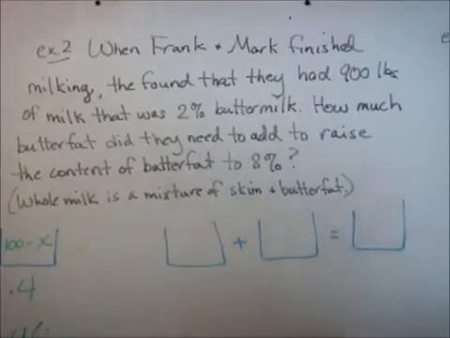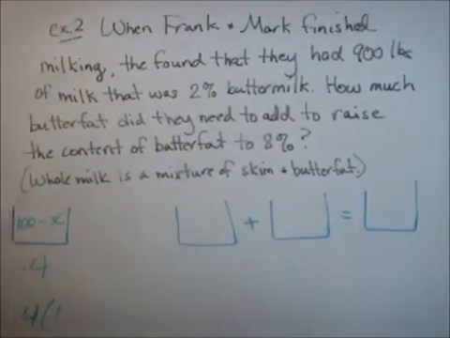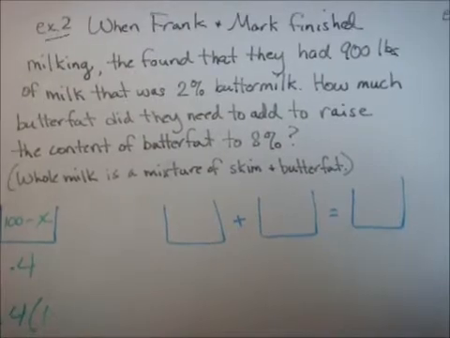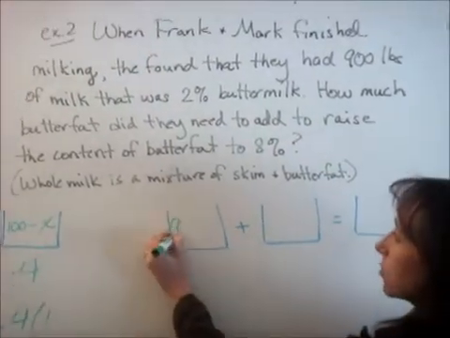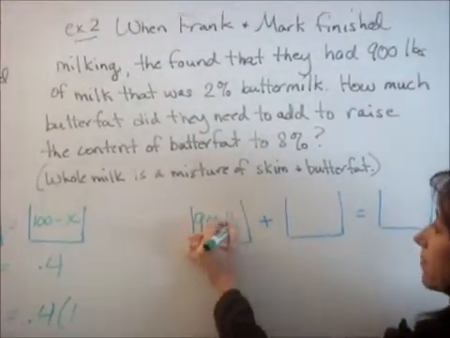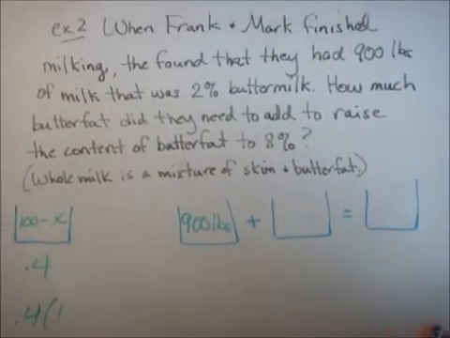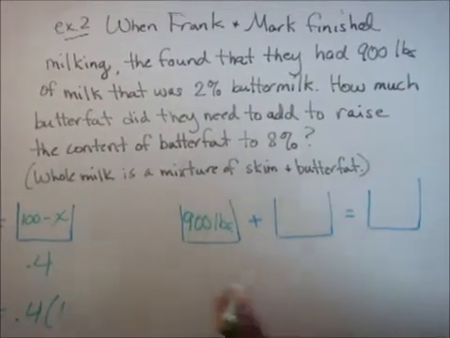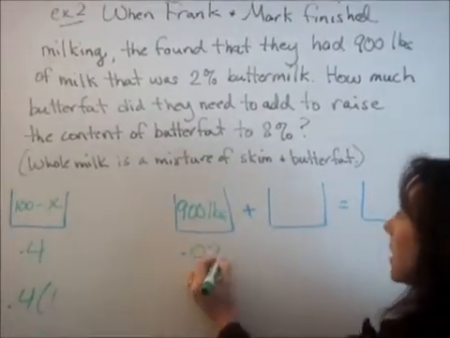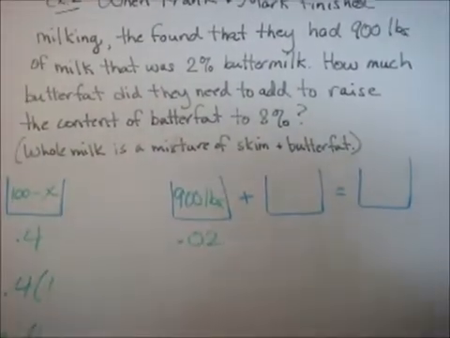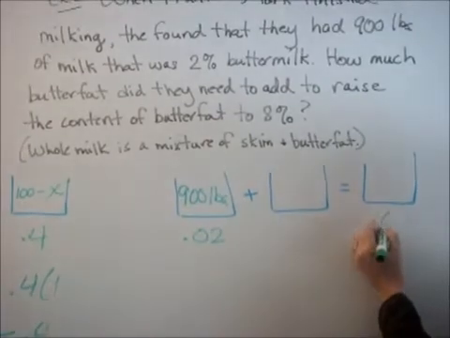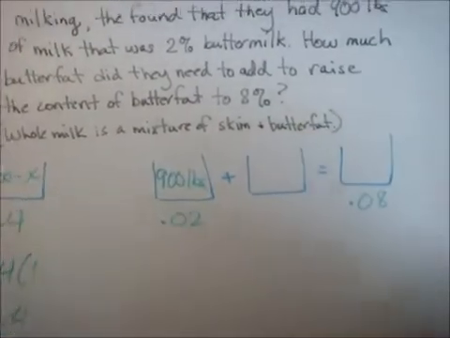So let's look at this. They found that they had 900 pounds of milk. So they're starting out, I never knew you measured milk in pounds, but whatever. We have 900 pounds of milk that's 2% butter fat. Now they need to add some butter fat to this because they want a solution that's 8% butter fat.